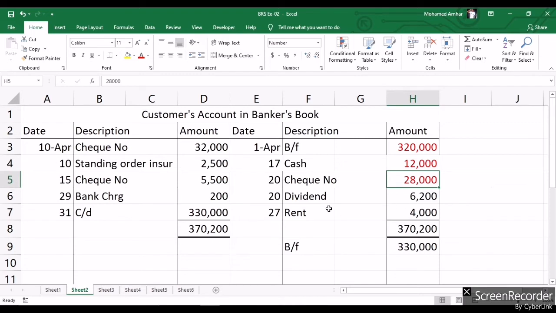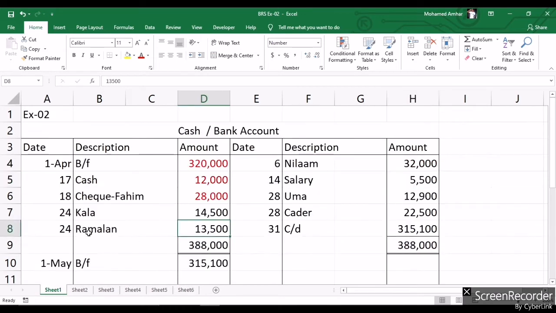No, here no. So these two are differences. So Kala's and Ramalan's checks were deposited, but those two checks are not appearing in the banker's account. So these are one difference.